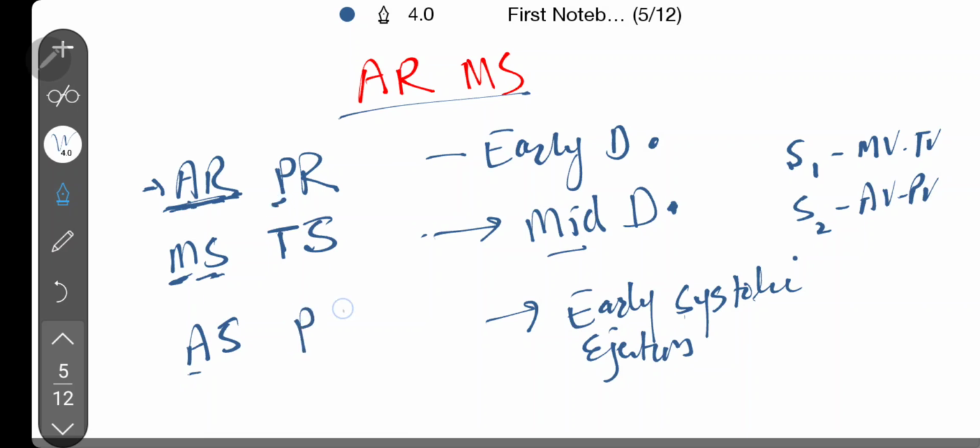So PS also causes an ejection systolic murmur, actually. Okay, and what we are left with, MS we dealt with over there, so it's MR. And if we are talking about the MR, the other one which is involved in producing the first heart sound is the tricuspid valve, so TR. So these two produce a pansystolic murmur.